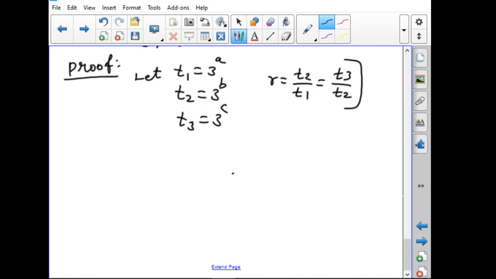This condition we are going to apply here. So, T2 by T1 equal to T3 by T2.